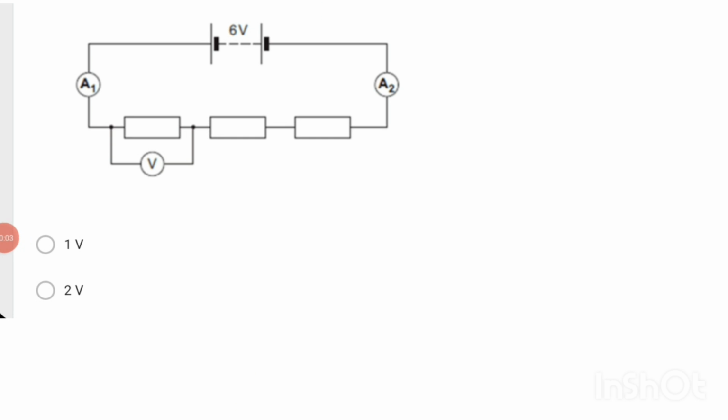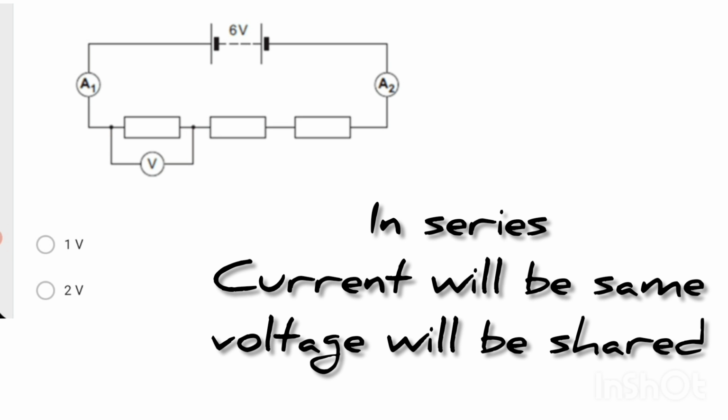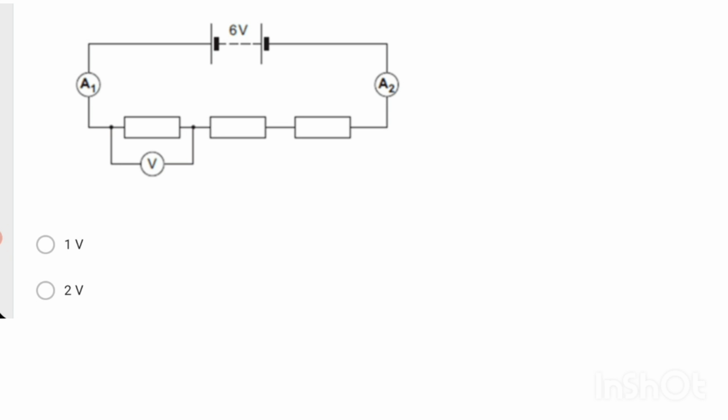This question is, what would the voltmeter read? Now look at this circuit diagram carefully. There is a source which is having 6 volt. There are two ammeters A1 and A2 which are connected in series, because we know that as per rule ammeter should always be connected in series. There is a voltmeter which is connected in parallel to the first component.